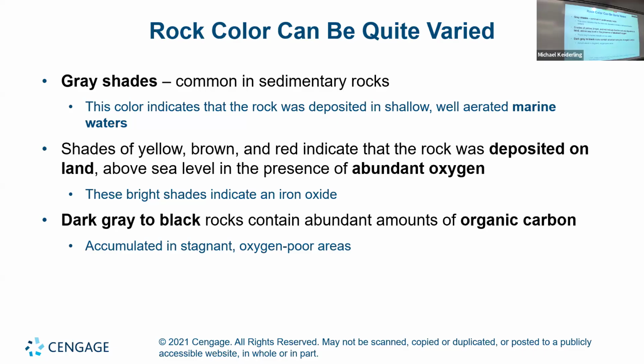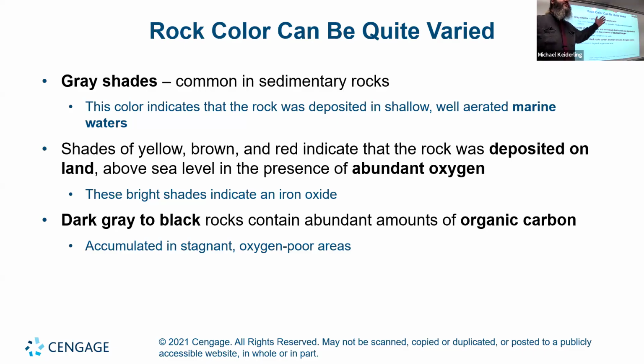And then dark gray to black rocks contain abundant amounts of organic carbon, which is accumulated in stagnant, oxygen-poor areas. If there is oxygen, that carbon goes away. It turns into carbon dioxide, and so it leaves the rocks, and you don't get that. So these dark gray to black rocks form from the bottoms of bogs and things like that.